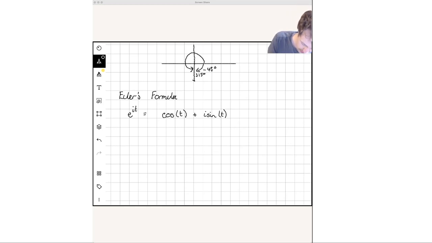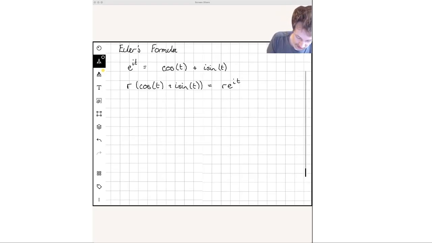But we've already seen we can write any complex number as r times cosine t plus i sine t. So we can use this formula to say this is just r e to the it. Now this turns out to be a really helpful way to write a complex number, and we're going to use it all the time in quantum mechanics.